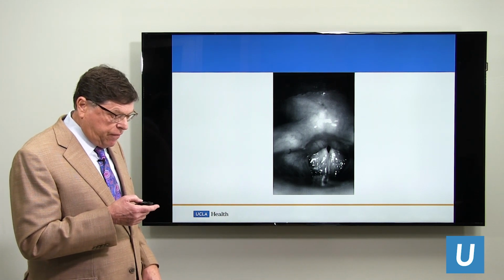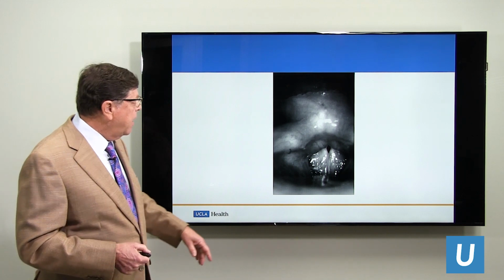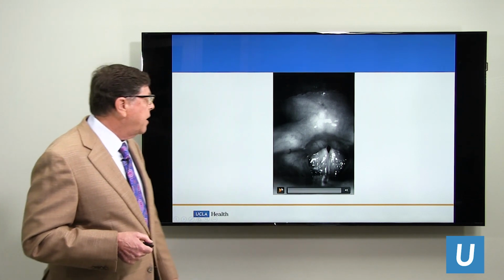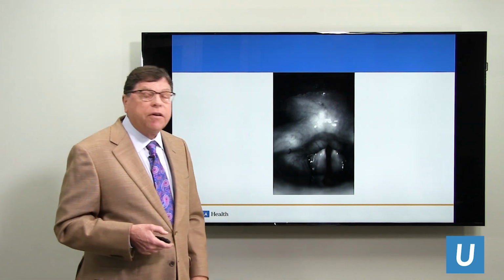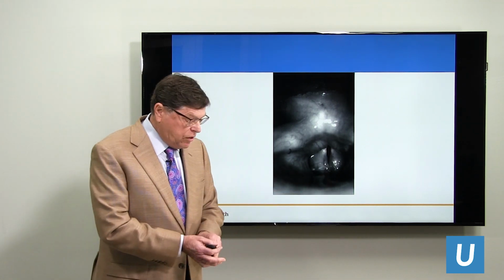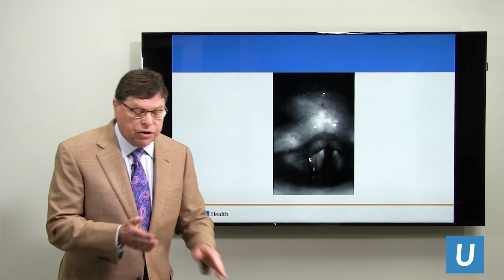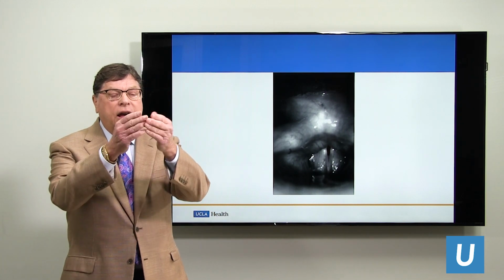And let's see if I can do that. I don't know, maybe you can start that going. There you go. So this is a high-speed filming of the vocal folds, and you can see, I'm going to put this down for a second, that they're actually kind of doing this.